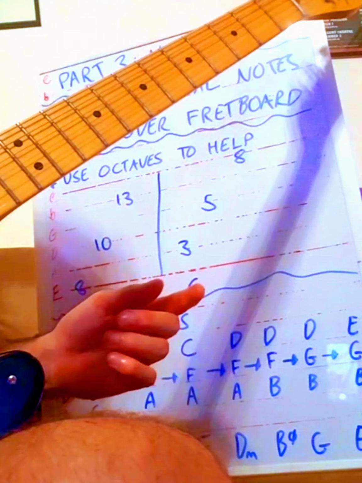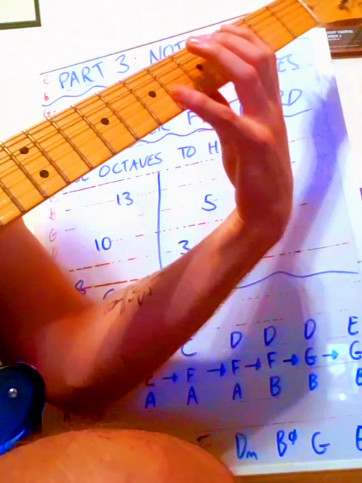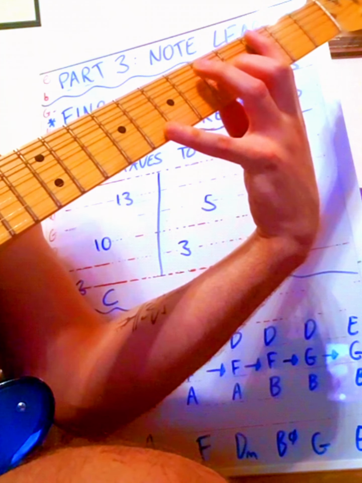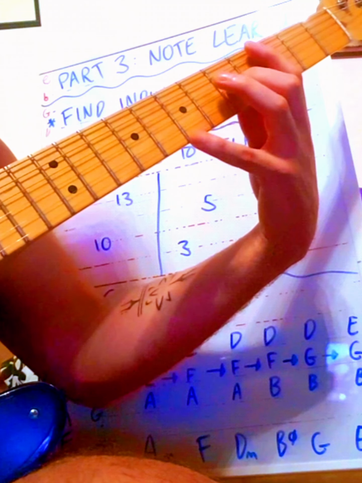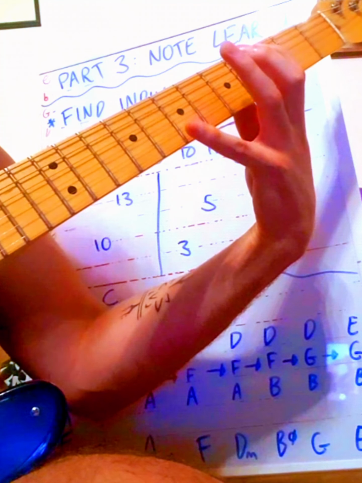And I've just written out basically where all the C's are, right? So if we go to the 3rd fret, like your C chord, 3rd fret, skip a string, 5th fret, skip a string, 8th fret.